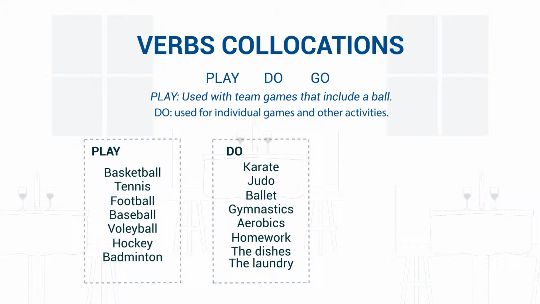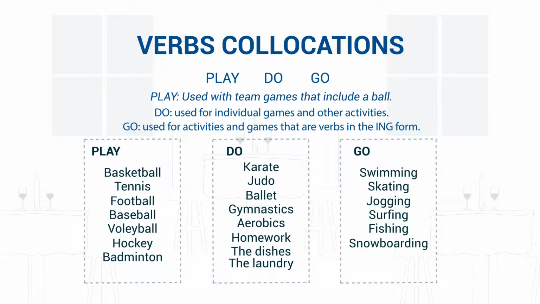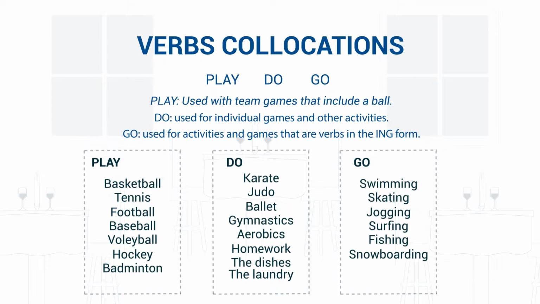For example, do karate, do judo, do ballet, do gymnastics, do aerobics, do homework, do the dishes, or do the laundry. The verb go is used for activities and games that are verbs in the ing form. For example, go swimming, go skating, go jogging, go surfing, go fishing, or go snowboarding.